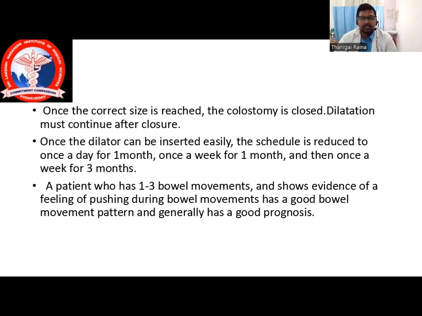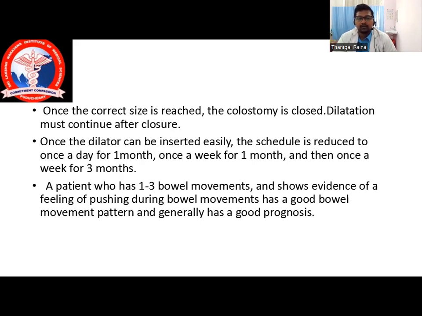Once the correct size is reached, the colostomy is closed and dilatation must continue after closure also. Once the dilator can be inserted easily, the schedule is reduced to once a day for 1 month, once a week for 1 month, and then once a week for 3 months. This is the anal dilator protocol you should follow once the colostomy is closed.